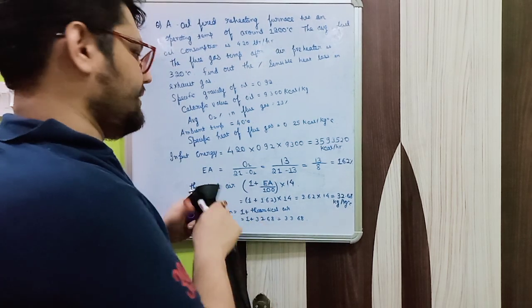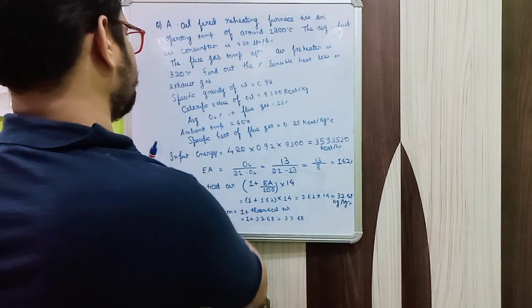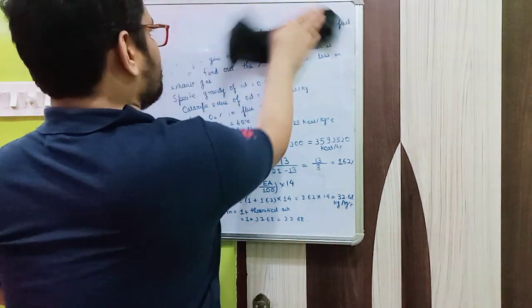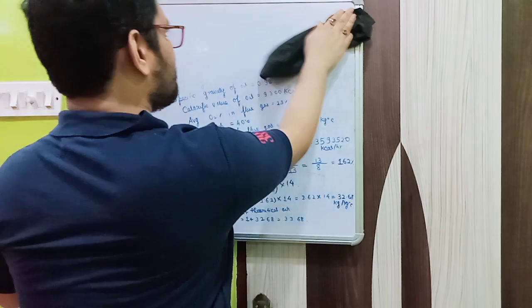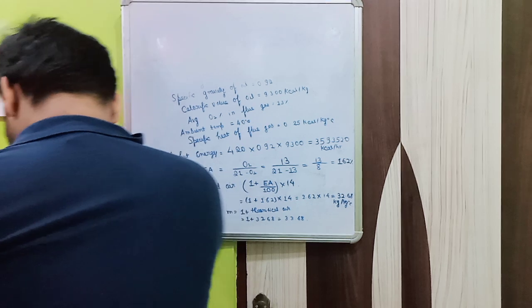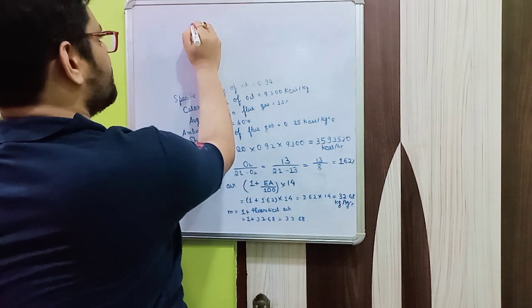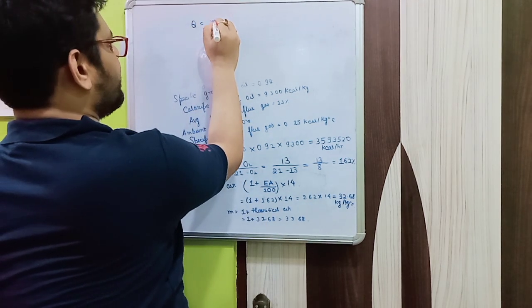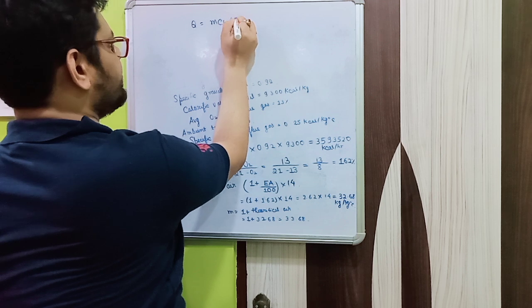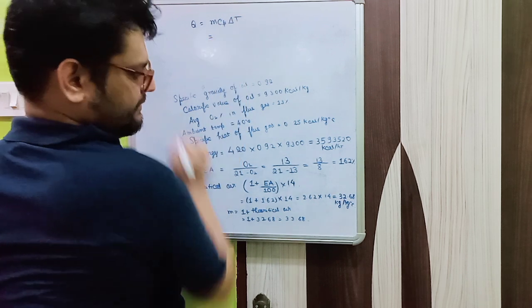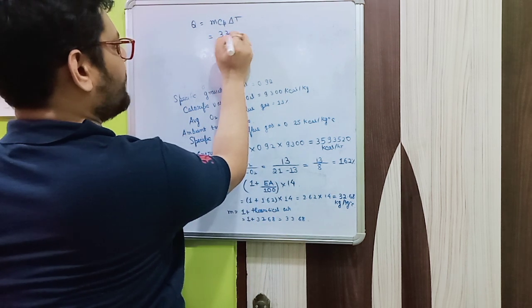Now for the first part, the heat loss Q is nothing but m Cp into delta T. The mass is already found, that is 33.68.